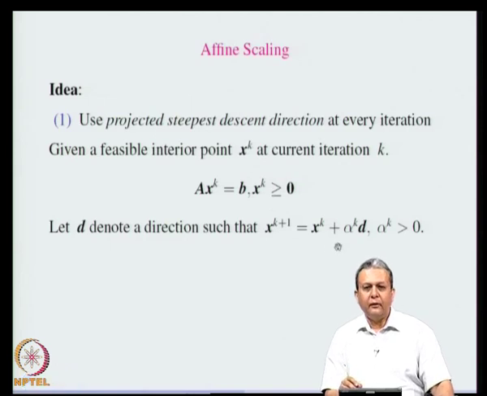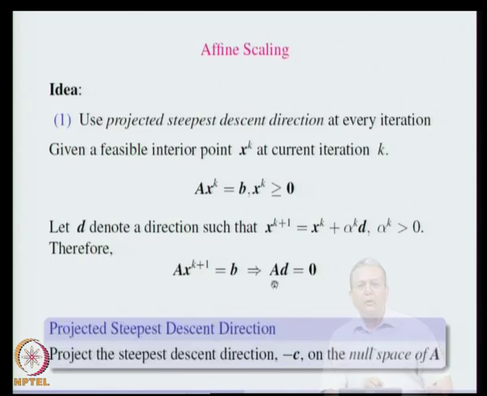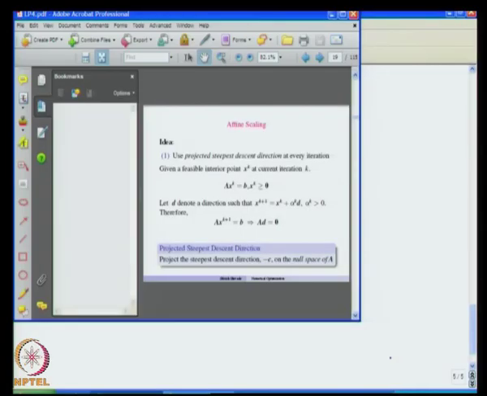So, if we choose a step length alpha_k where alpha_k is positive, then x_{k+1} will be denoted by x_k plus alpha_k d, and therefore A x_{k+1} equal to b, that is, x_{k+1} is a feasible point, implies that A d equal to 0. So, in the affine scaling method, it is proposed to use the projected steepest descent direction, which is the projection of the steepest descent direction minus c on the null space of the matrix A. So, let us see how to do that.